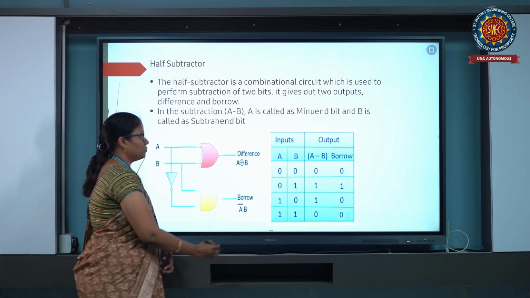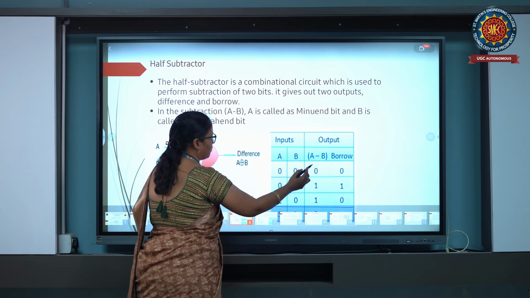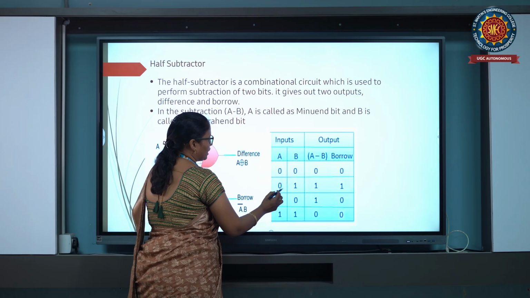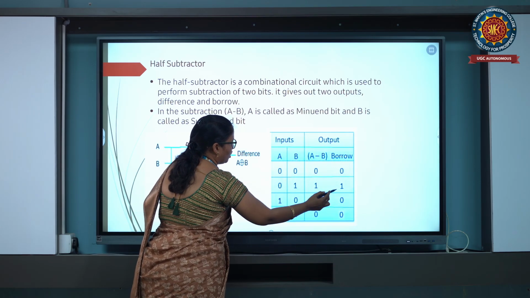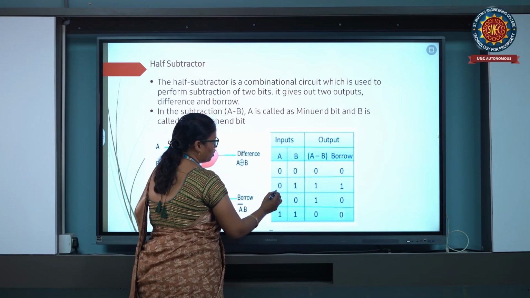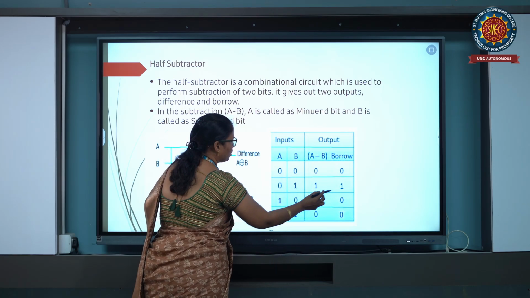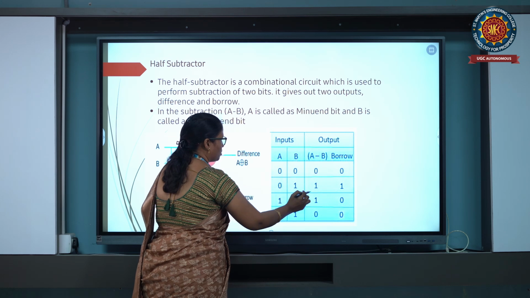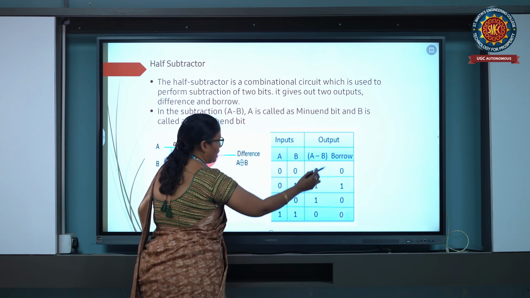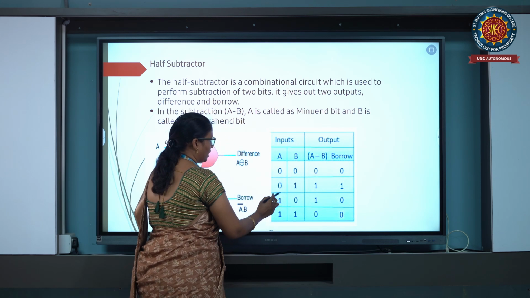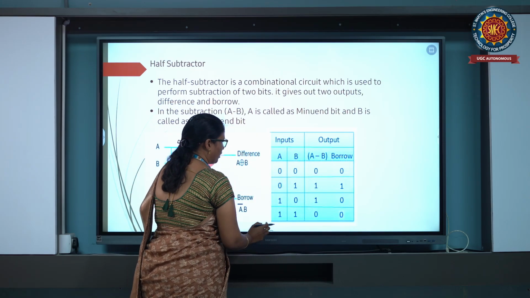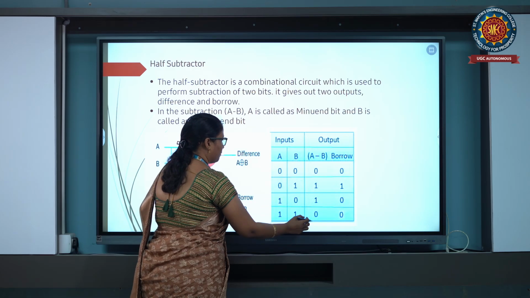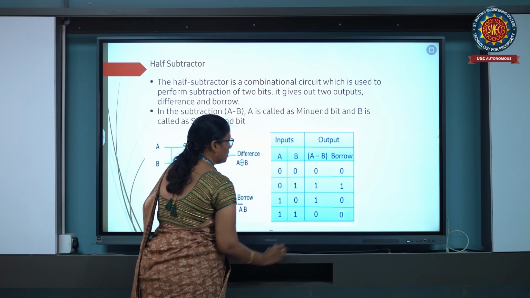If we consider 0, 0, the difference we got is 0, and when it is 0, 1, the difference we got is 1, and borrow, here subtracting 1 from 0 is difficult, so we need to take a borrow from higher order. So the difference we got is 1 and borrow is 1. When it is 1, 0, the difference is 1 and borrow is 0. When it is 1, 1, the difference is 0 and borrow is 0.